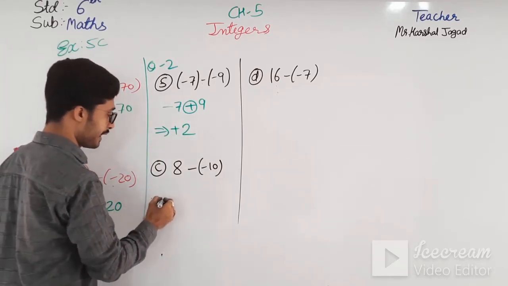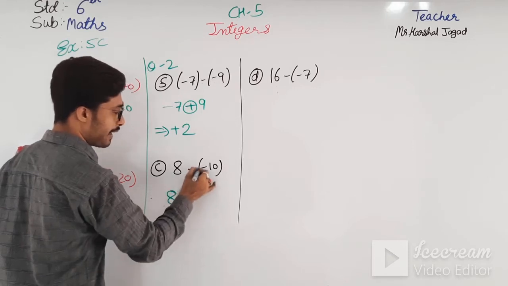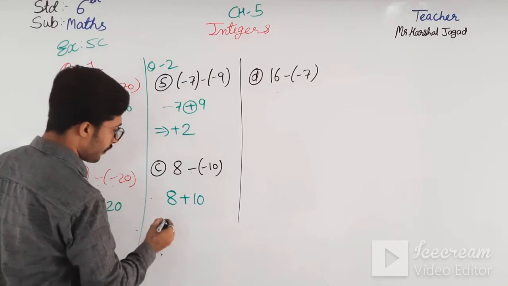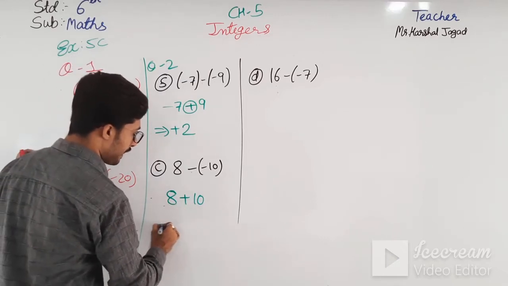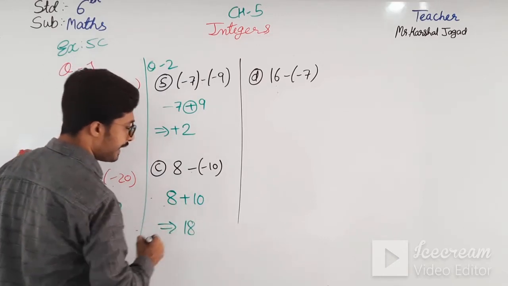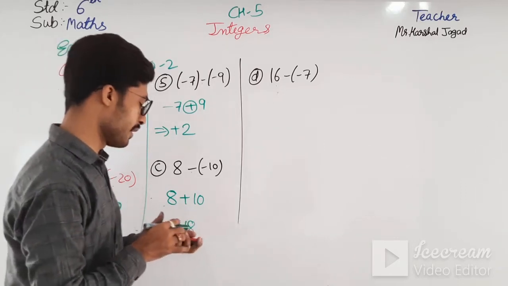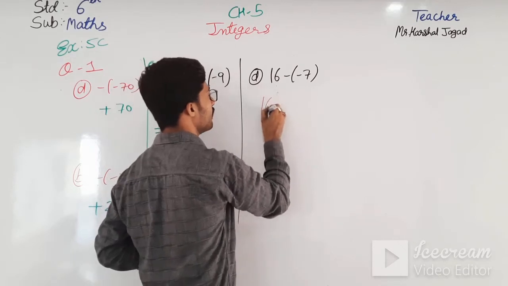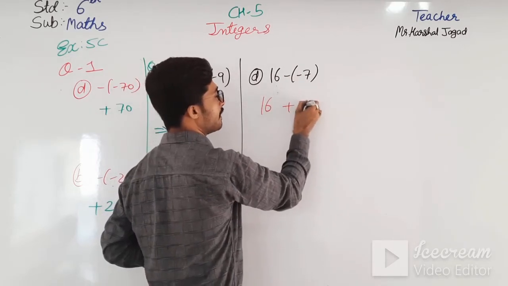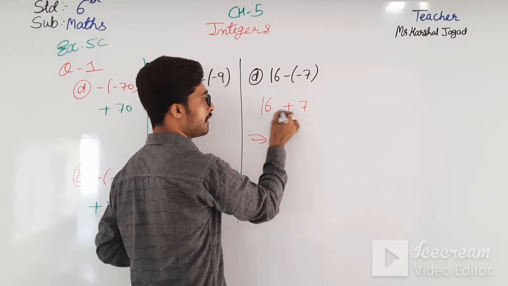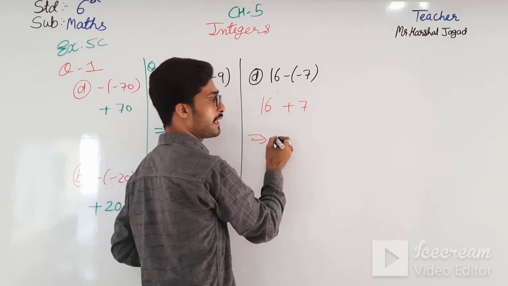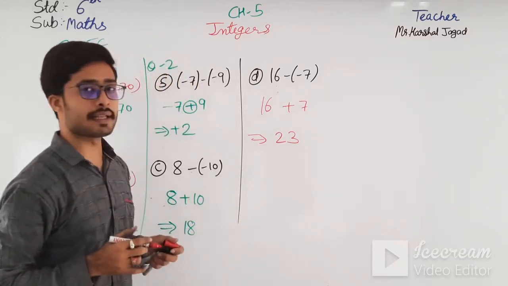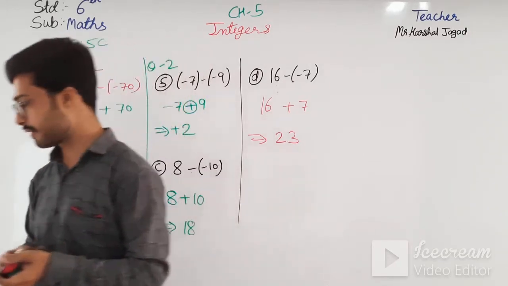Then comes c, that is 8 minus plus 10, so 8 plus 10 is 18. Then another one, 16 minus minus 7, so 16 plus 7 is 23. Please note down this, students.